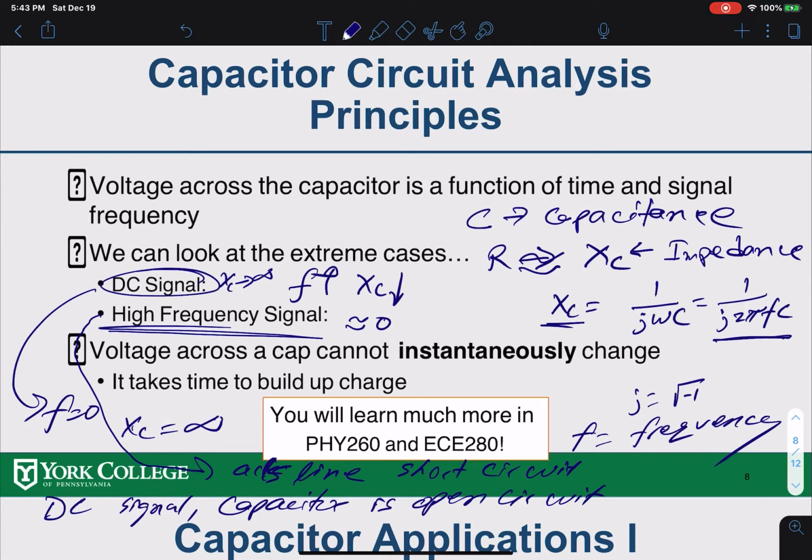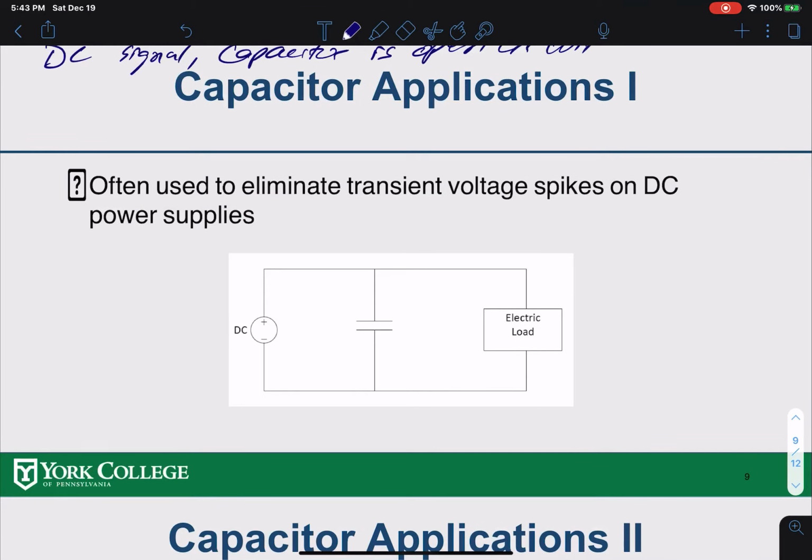So the capacitor, as it's frequency dependent and it stores energy, cannot change instantaneously. When you charge it, it charges, and when you discharge it, it discharges, but not instantaneously. It takes time to charge and time to discharge. When you have, let's say, 12 volts here, this capacitor will also be 12 volts.